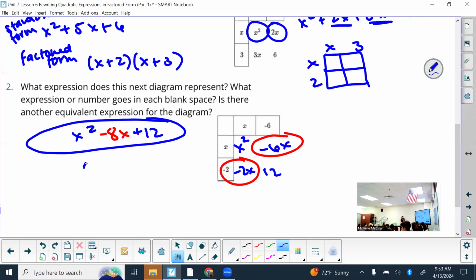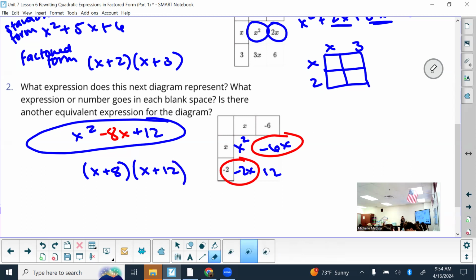Table 5, can you tell me what the factor form was? If X was 8. Okay, X minus 6.